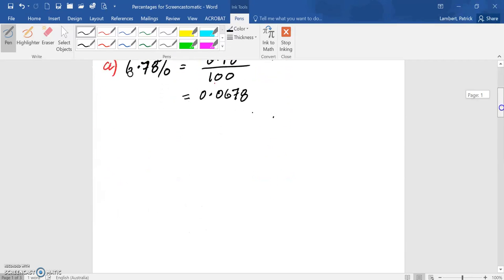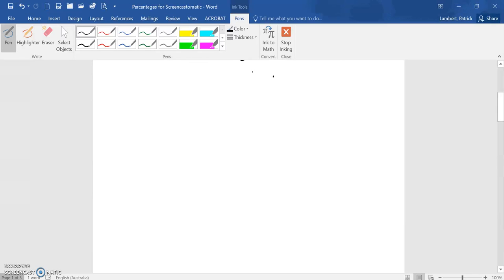Part B, in question 3, part B is 3.1%. And 3.1% means 3.1 out of 100.